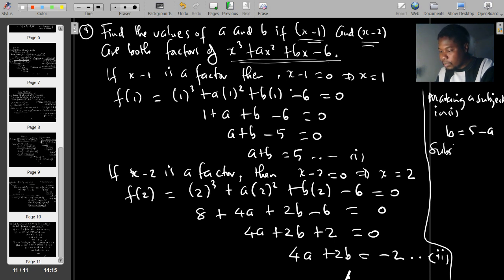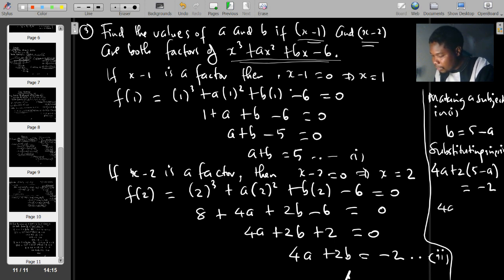Therefore, we go to substituting in 2, it becomes 4a plus 2 times 5 minus a, and then this should be equal to negative 2. So 4a plus 10 minus 2a equals negative 2.